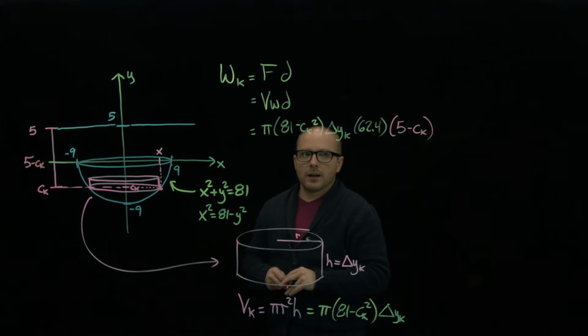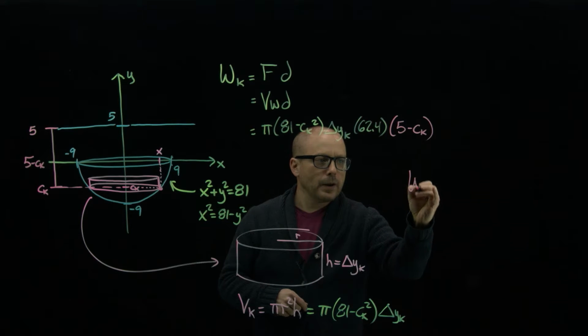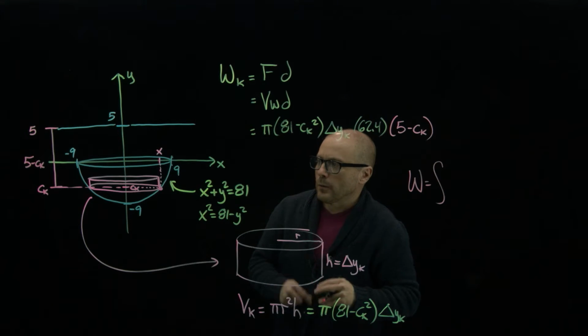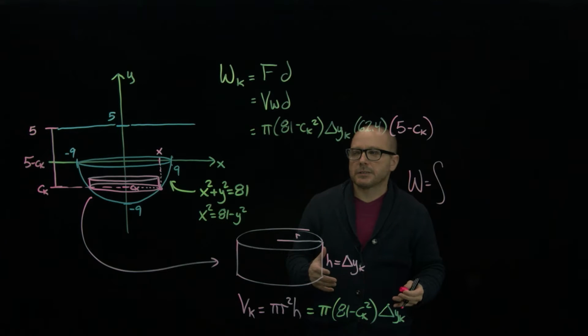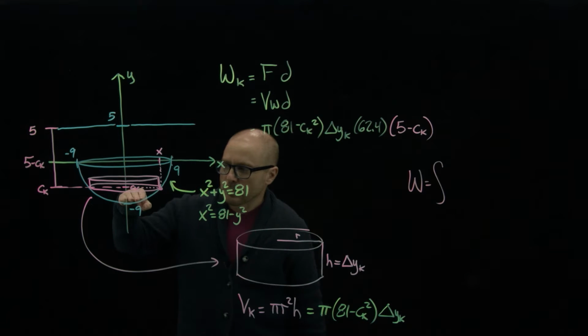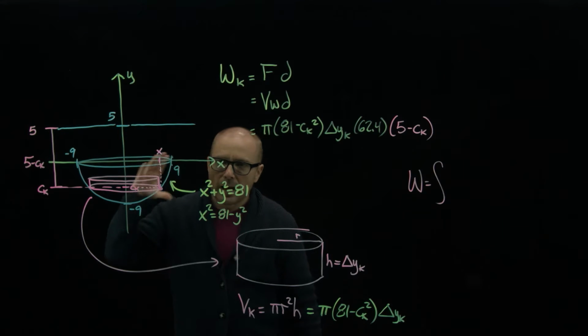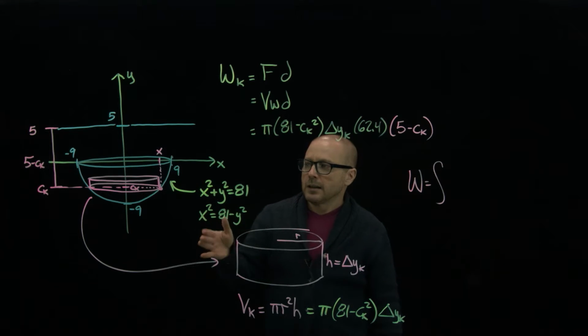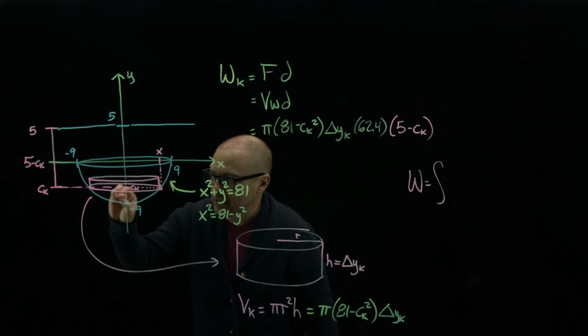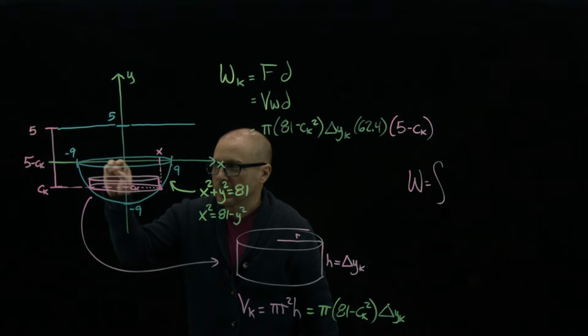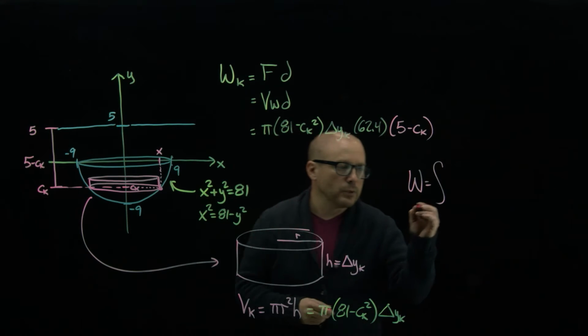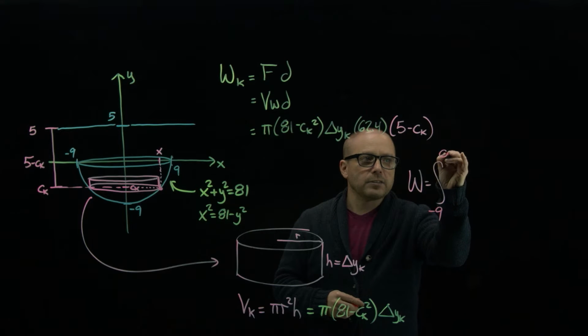And then, when we set up our integral for work, remember when you're thinking about what are my limits of integration, some people get confused. Do I go from -9 all the way up to 5? Well, ask yourself, what are you slicing? I'm slicing the water, so my partitioning is from -9 up to 0. The 5 is important.